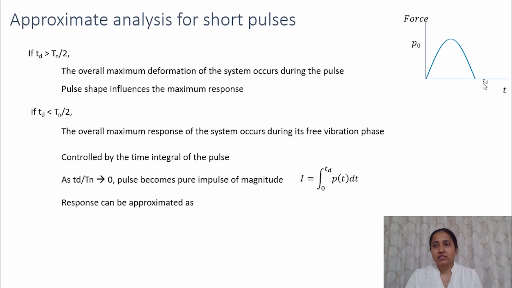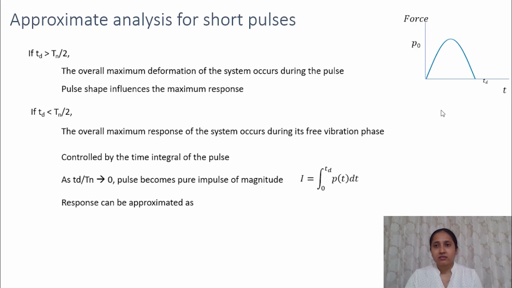So if Td tends to 0, then this pulse becomes an impulse, and the magnitude of that impulse can be calculated as the time integral. That would be Pt, the expression for this force, times dt. If you integrate it, you will get the area under this curve, and that is the magnitude of the impulse.